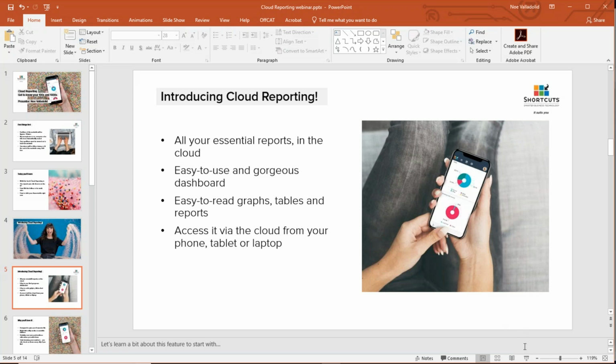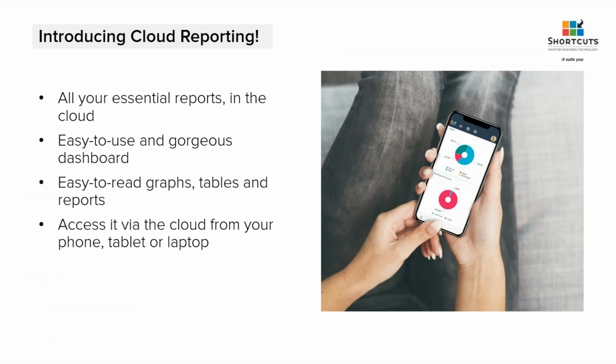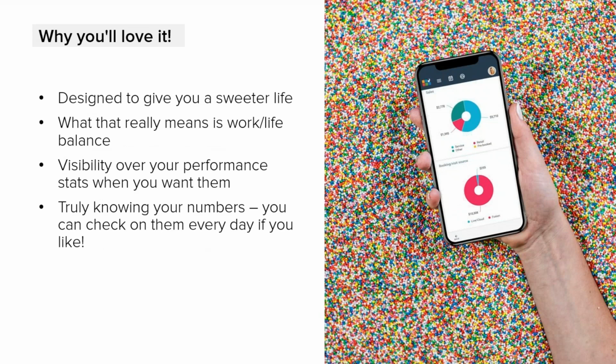As you saw on our actual cloud environment, we have all of these graphs and charts that are very simple to read and allow you to see for one or multiple locations. And of course, having that flexible, easy to read data is something that was not available originally in our point of sale. So our software is becoming much more sophisticated. So of course, why would you love it? Well, having access to all of your data when you're working remotely, that's a major plus.